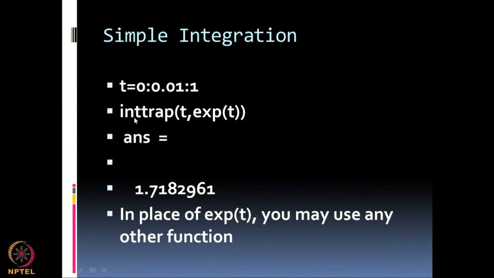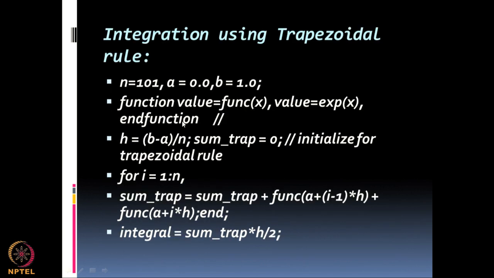Then using the trapezoidal rule, I obtain an integral of exponential of t. T is given at 101 points, exp t is calculated at 101 points, and this whole function gives me the integration using the trapezoidal rule. The same thing can be done using a program, and I have also discussed it in the last class.